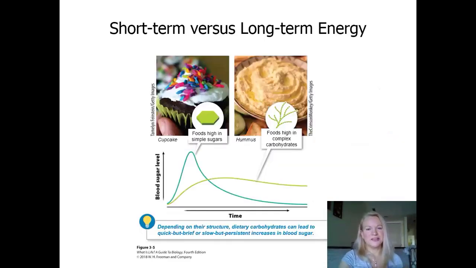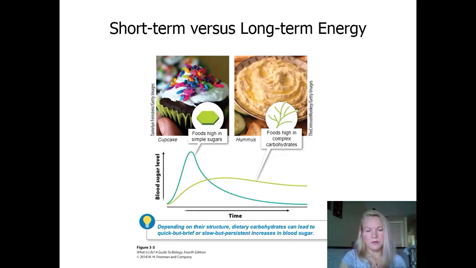Short-term versus long-term energy. So you eat that cupcake, you talk about the sugar high, at a birthday party with a bunch of kids. Well, that's true, because it's this simple sugar. It can be broken up really quickly and accessed right away. So it does kind of give you that burst of energy, or that burst of access to that.